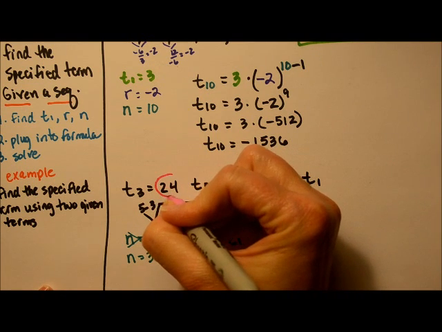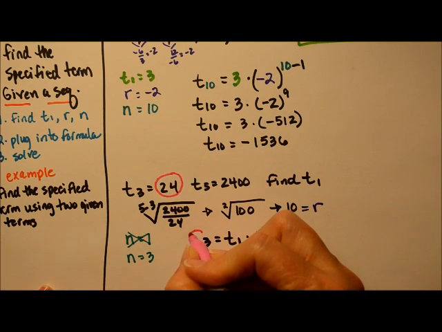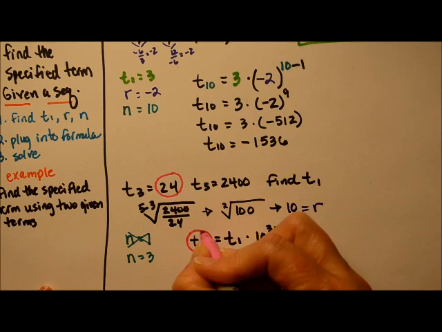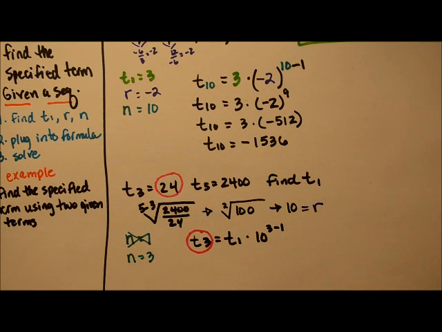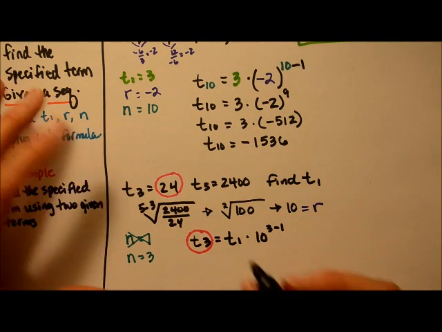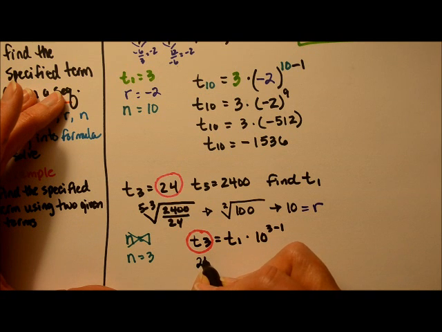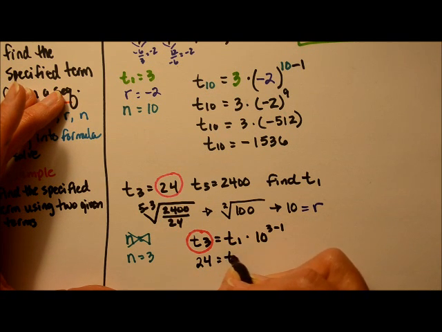I'm going to circle it here for you so you see. And you need to do these colors on your paper if you want to be able to see your notes clearly. Those two can be switched, and I'm going to switch them out. So 24 equals T1 times 10 squared, or 24 equals 100 times T1.